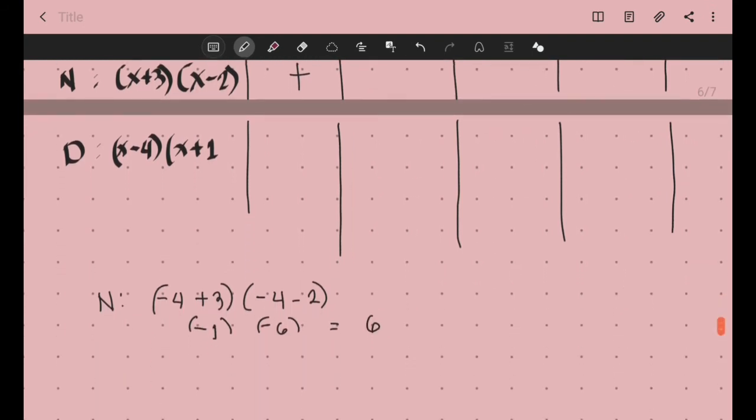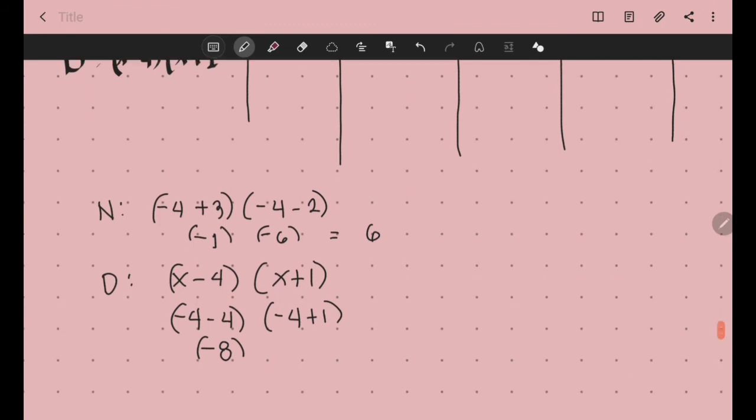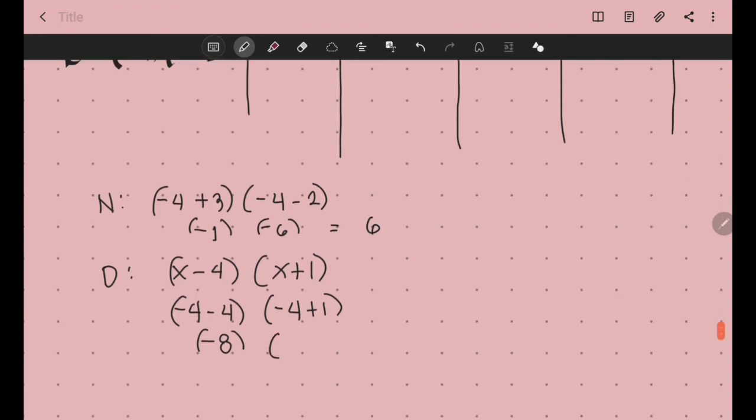Next, let us substitute negative 4 for our denominator. So we have x minus 4 multiplied by x plus 1. Let us substitute negative 4. We have negative 4 minus 4 multiplied by negative 4 plus 1. So negative 4 minus 4 is negative 8 multiplied by negative 4 plus 1, that is negative 3.